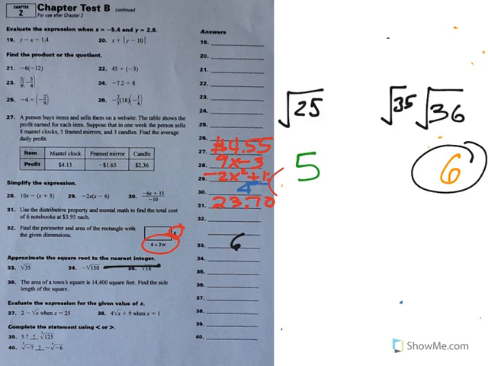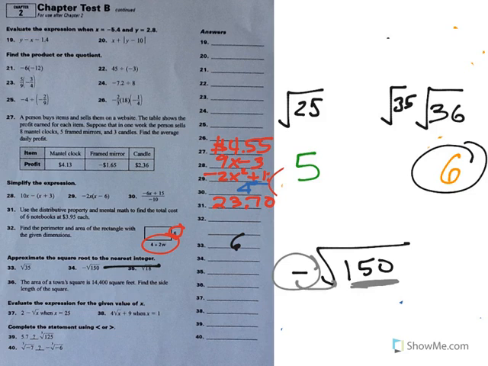Next one is negative. Now, careful with these as well. This basically says find the square root of 150, and then your answer, make it negative. Bam, make it negative. So the negative is the weight on the outside to attach itself.